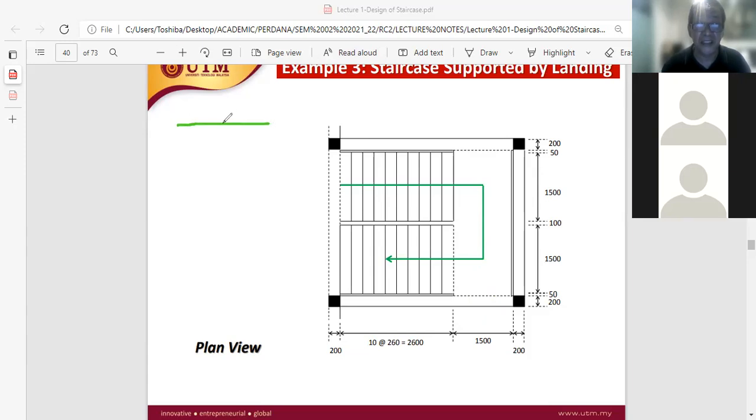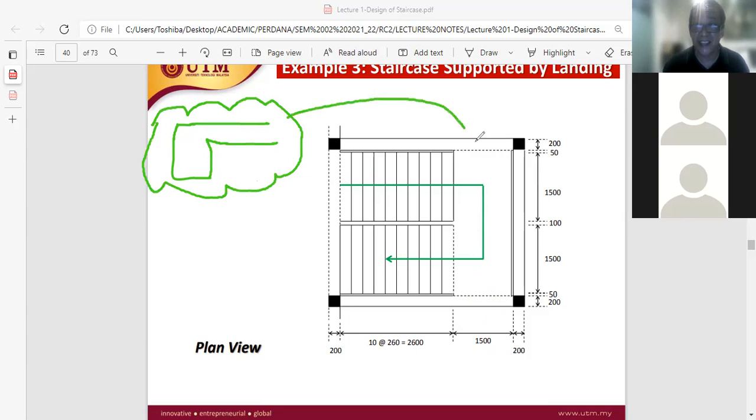Contohnya, this is our landing, this will be our beam, macam tu. So this represents a direct connection, okay, a direct connection between landing dengan beam, because kita ada dotted line sini. And this is pada kedua-dua position, at both position.